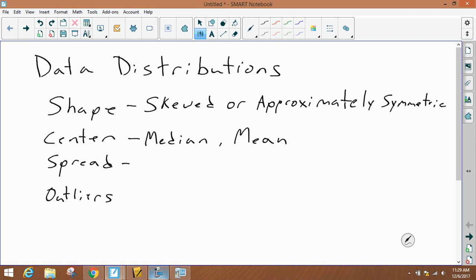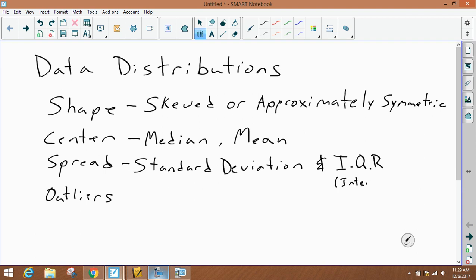Measures of spread are standard deviation and interquartile range, which we call IQR, stands for interquartile range.